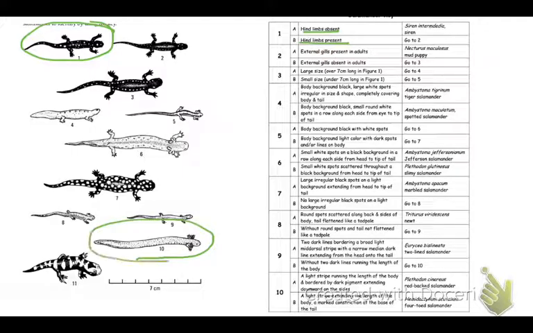Like this one doesn't have a hind limb. So that might be one that you can identify right off. But this one here, hind limbs are present, and then you go where it says to number 2, go to 2. The gills are these little things that are hanging out on the sides, right here on the sides. That's gills.